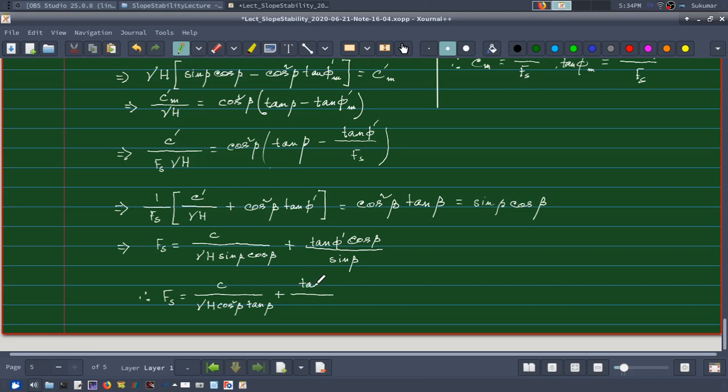So tan phi by tan beta, and this I can write as, so Fs will be equal to C by gamma h into tan beta, I can take common.